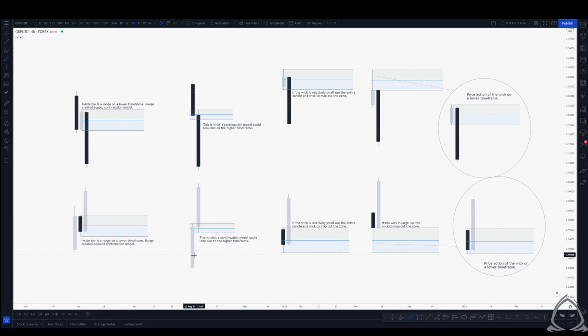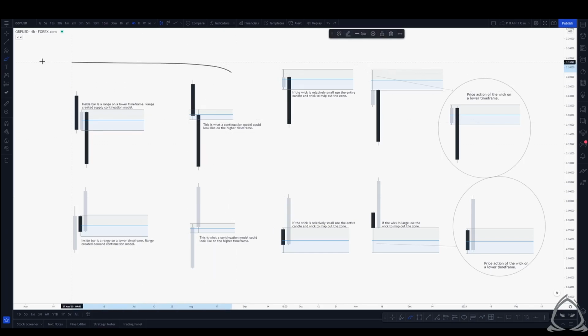And on the flip side, we see that same thing being created on demand zones, where we have this bit of price action that either creates that pivot created demand or range created demand, depending on the fractal nature of the markets and how supply and demand is created.